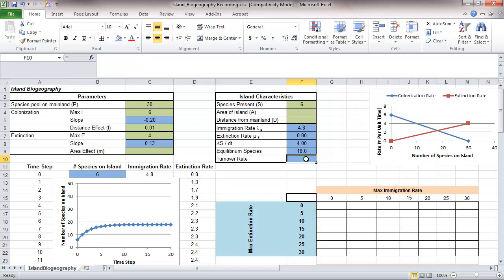So that rate is how many species we expect to change in terms of our island ecosystem. We know there are 18 species present, but at each time step there may be a different assemblage of species, and that turnover rate is helping us to understand how many new species there are with each different time step once we are at equilibrium.